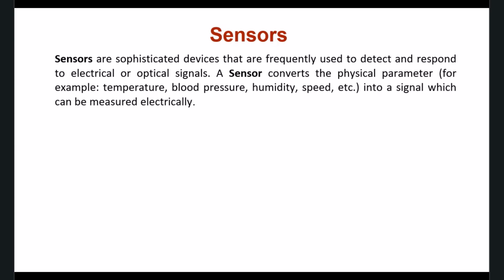You can compare the embedded system with a human being, and the sensors will be like the eye, the tongue, the ear of the embedded system. So sensors are sophisticated devices that are frequently used to detect and respond to electrical or optical signals. A sensor converts the physical parameter into a signal which can be measured electrically.